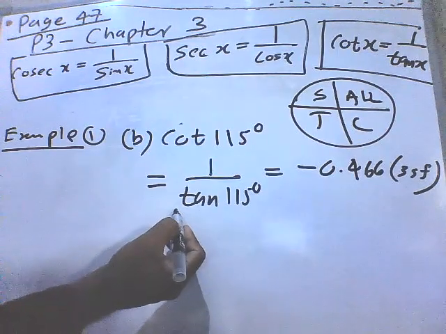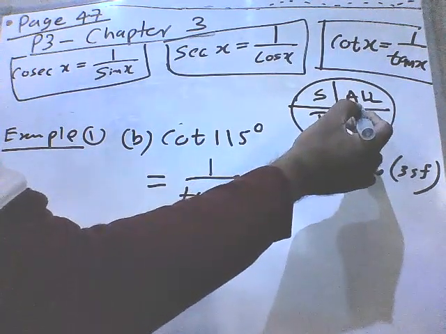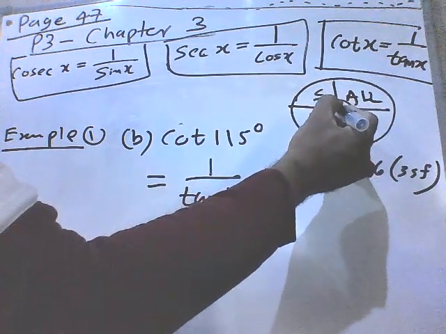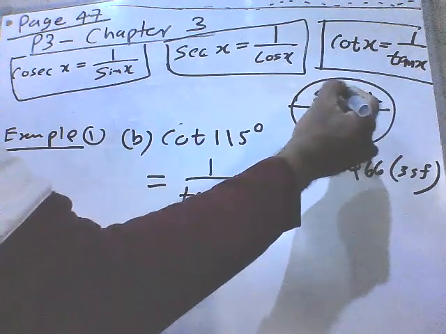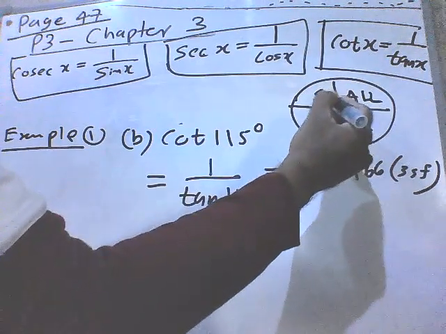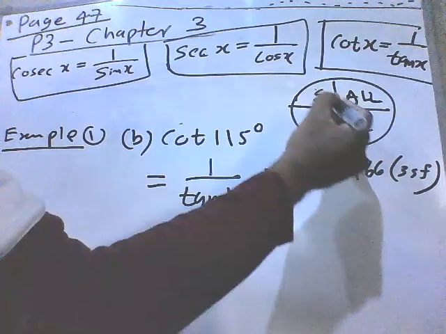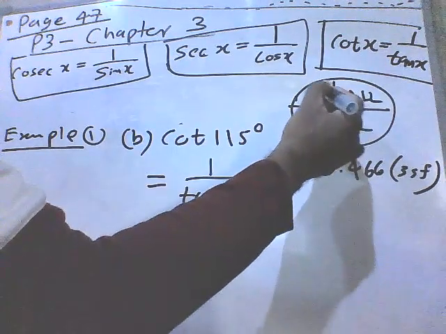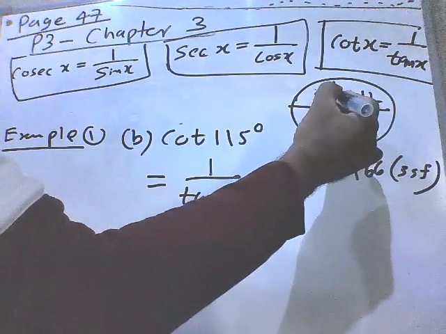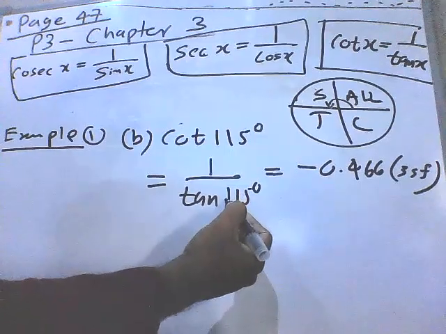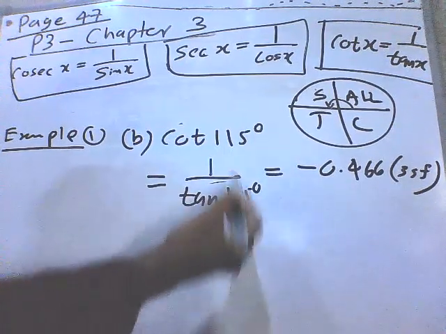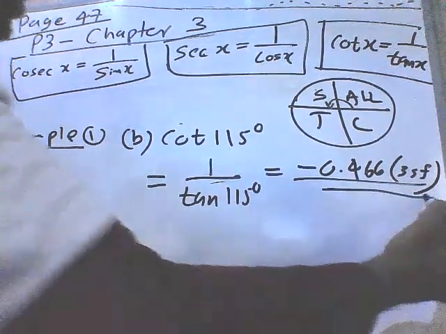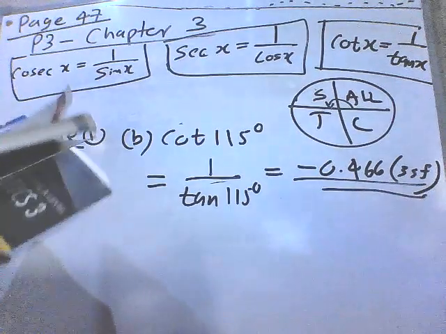Here is 90 and 180, so 115 is around here. Then only the sine value is positive, so tan 115 should be a negative value. So 1 over a negative value will also be negative, so the answer is all right.